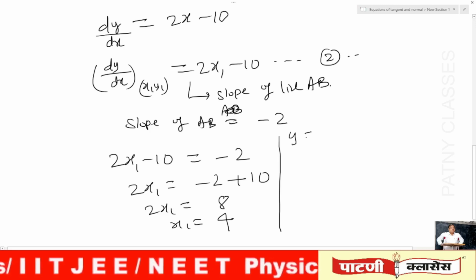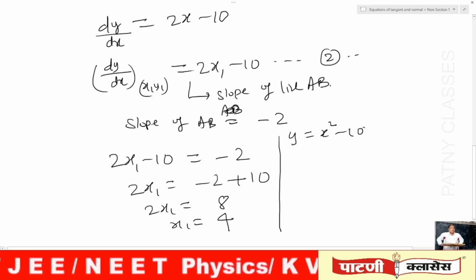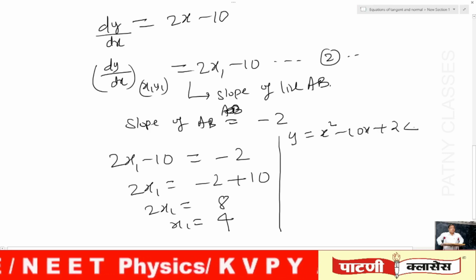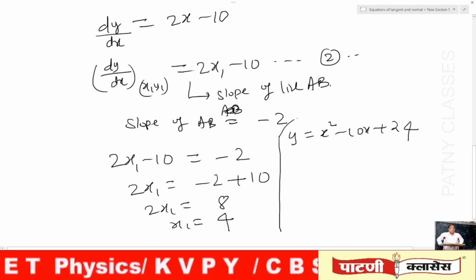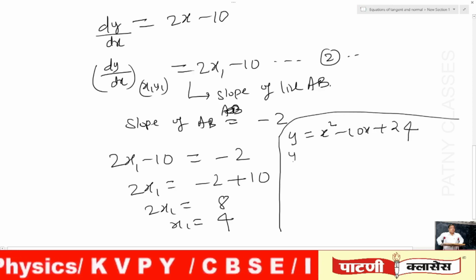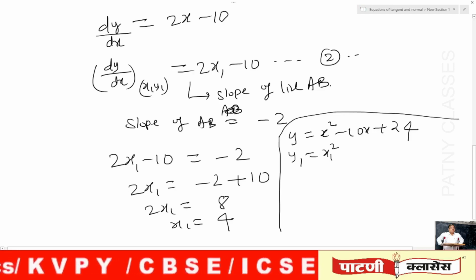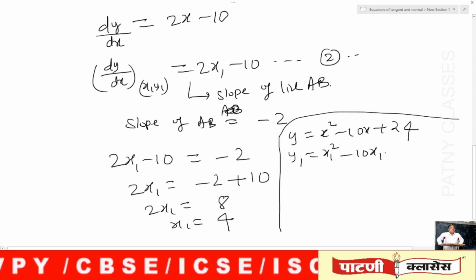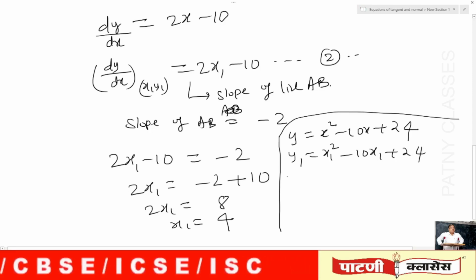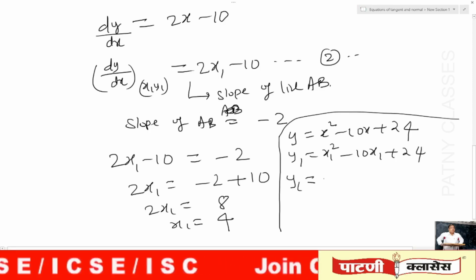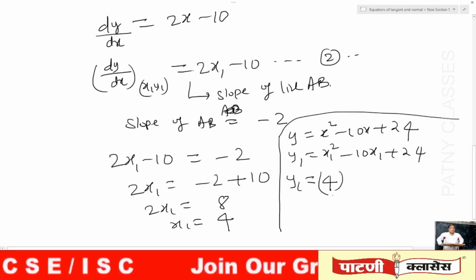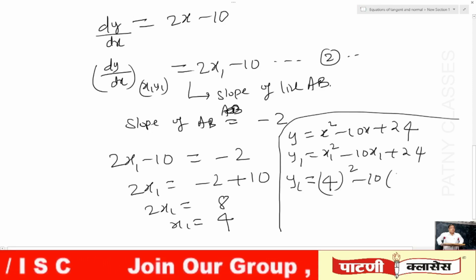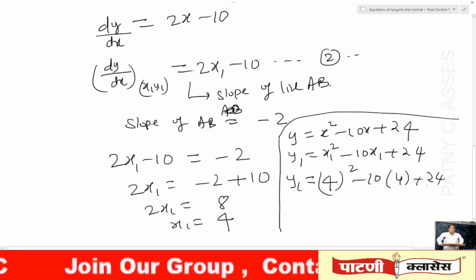The equation of curve is given to us, x square minus 10x plus 24. So to find y1, I put x1 square minus 10x1 plus 24. In place of x1 I put 4 square minus 10 into 4 plus 24.